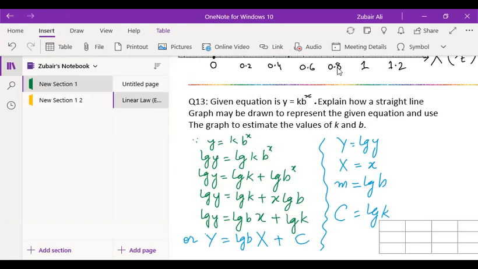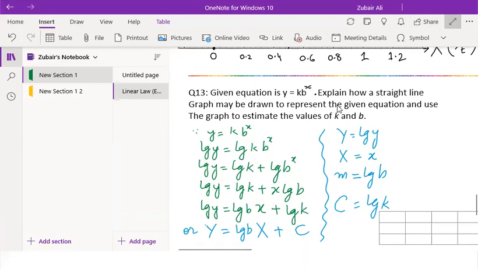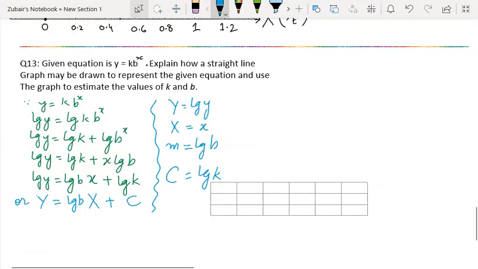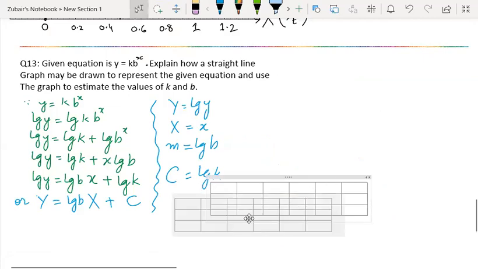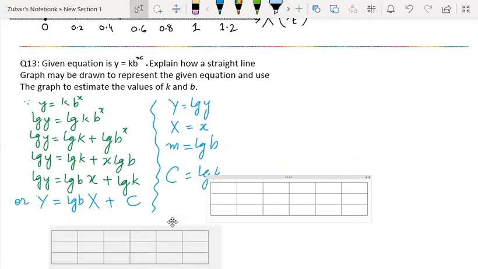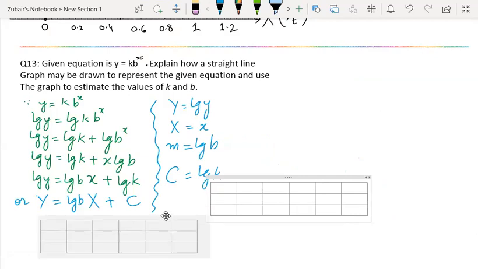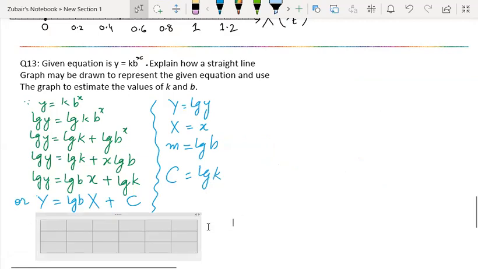Okay. So now, so here are the values. So here we can write the values. So what are the values?